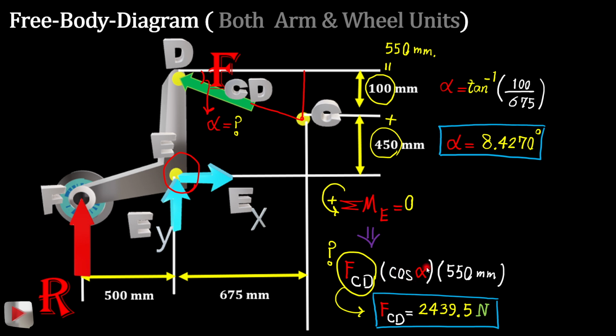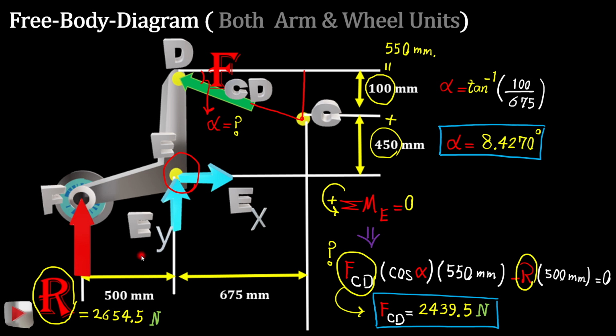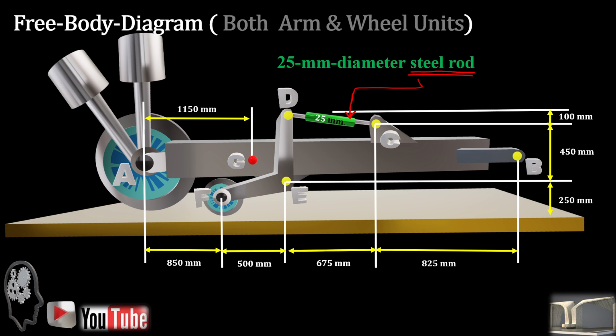So FCD cosine alpha times 550, which is this distance, 450 plus 100, minus R times 850, where we already calculated what R is, times the distance. It gives us FCD is equal to 2439.5 newtons.